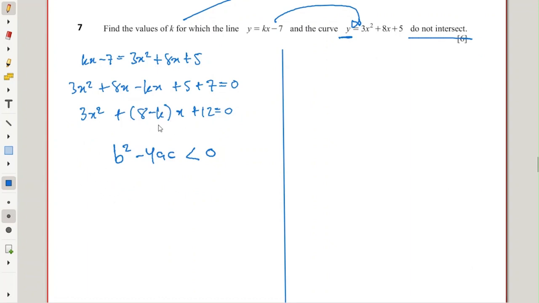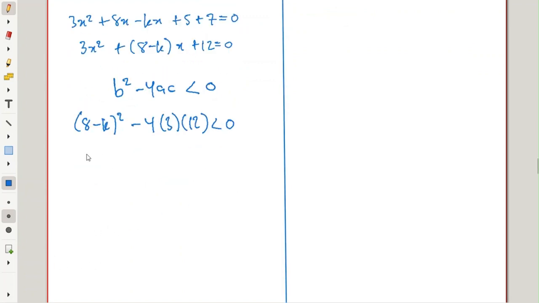So my A is 3 and my B is 12. When I solve this, I'm going to get, hmm, this is minus 144 is less than 0.